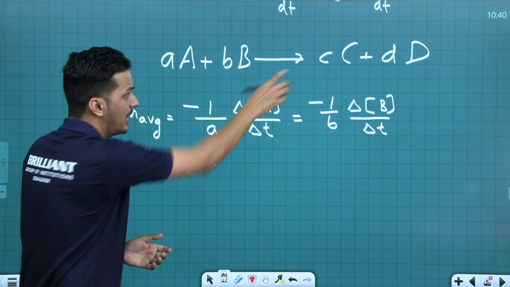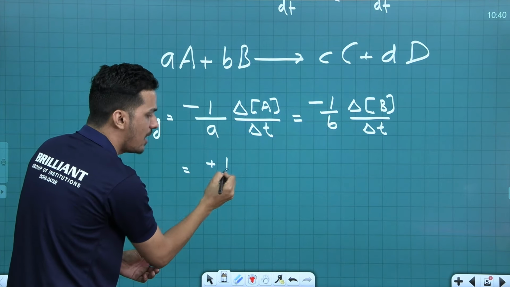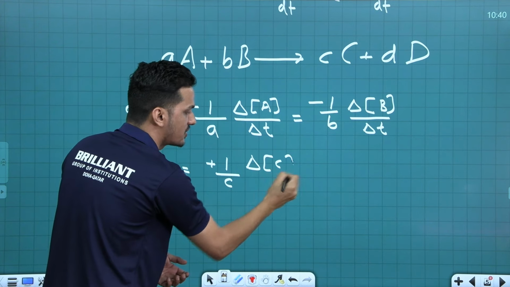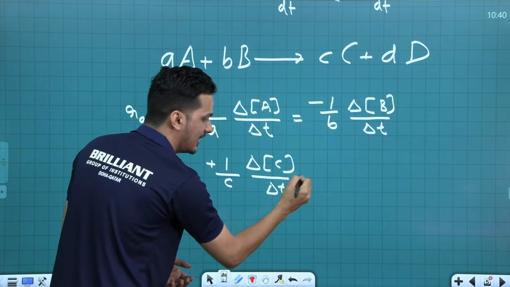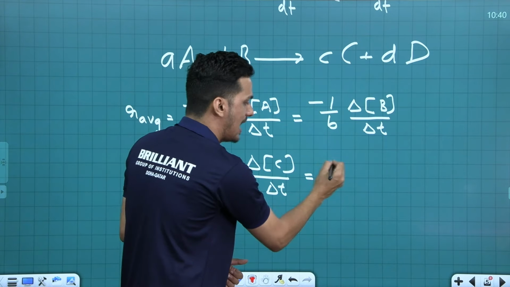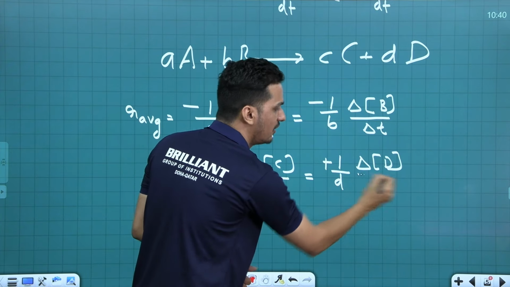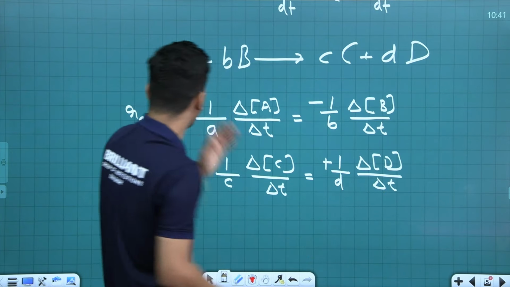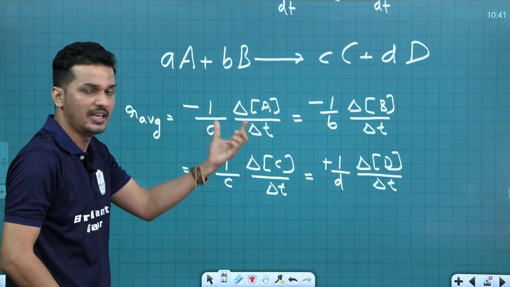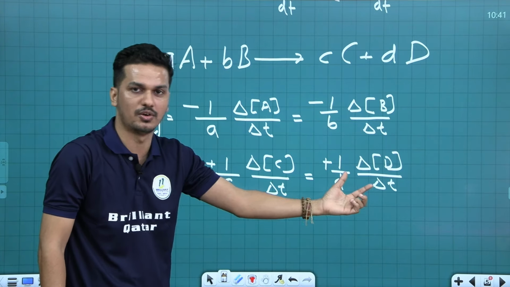Plus, its stoichiometric coefficient small c should come as a reciprocal, 1 by c, delta concentration of C divided by delta T. That will be equal to, in terms of D, plus 1 by d, delta concentration of D divided by delta T. So I can represent R average in terms of A, B, C, and D.